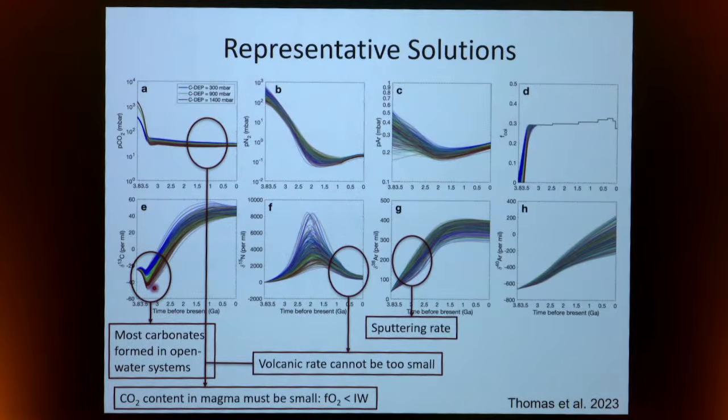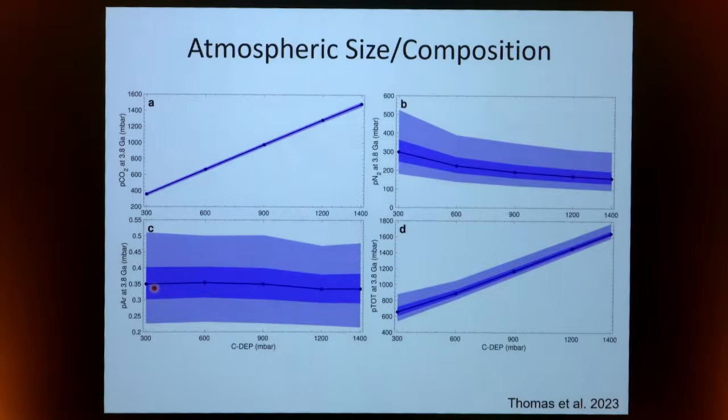So what does all of this tell us in terms of the atmosphere size and composition? This is the summary of the previous plot in terms of the partial pressure of CO2, nitrogen, and argon, and the total atmospheric pressure. The CO2 partial pressure is basically controlled by our model parameter, which is the carbonate deposition rate for the whole time. This result is not completely trivial.